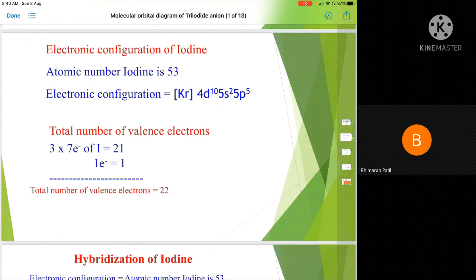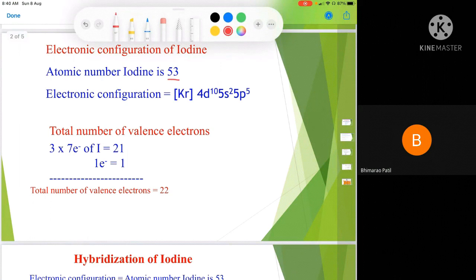You know that the atomic number of iodine is 53. If you write the electronic configuration of iodine, it is krypton 4d10 5s2 5p5.